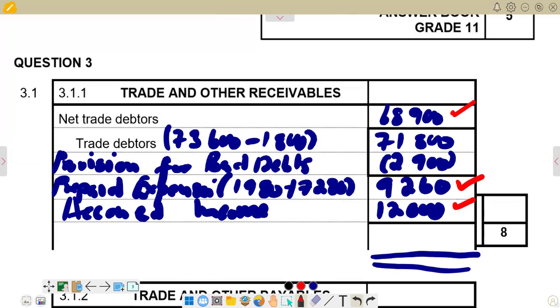Then we get the total figure here. Remember, these two we are adjusting to get the figure for debtors. Remember, 67,800 and 2,900 to get the net debtors figure, which is 68,900. So we're not going to put them in the calculation for the total. So we say 68,900 plus 9,260 plus 12,000, then you get your 90,160.